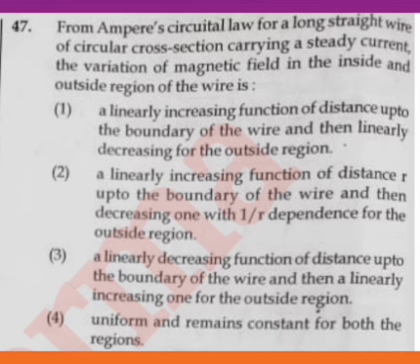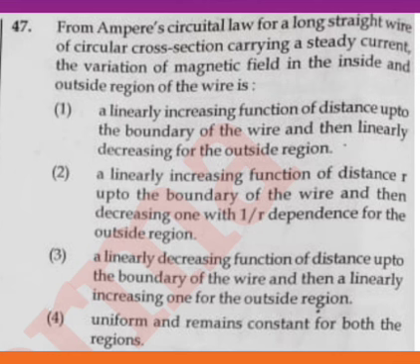Option 2, a linearly increasing function of distance r up to the boundary of the wire and then decreasing with 1 by r dependence for the outside region.